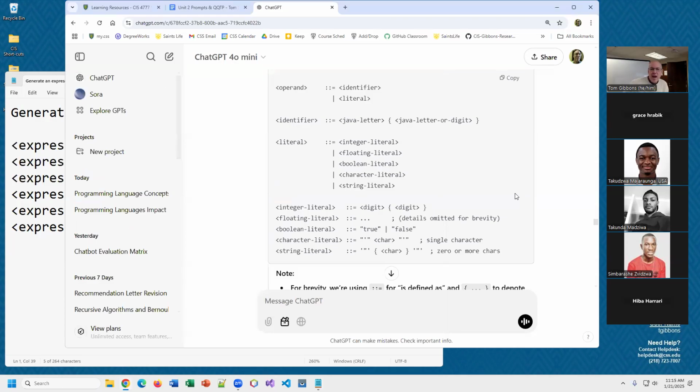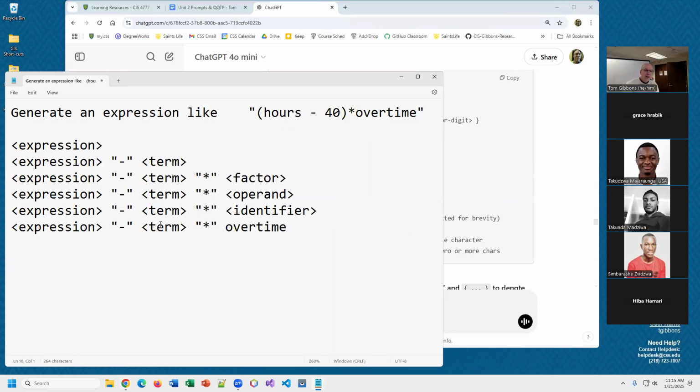Now, one problem I have is, how do I get the parentheses in here? Right now, it looks like I should be able to convert my term down to 40 and my expression to hours.